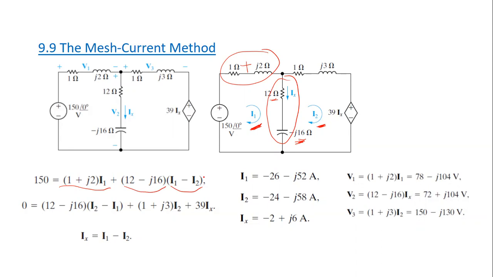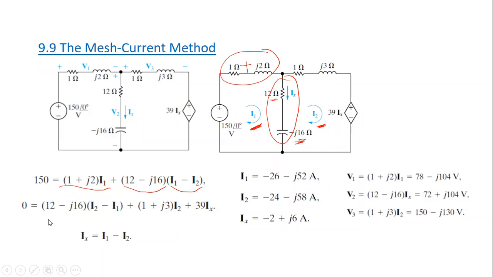Okay. Now let's write KVL for the second mesh, and we will start with the middle component here as well. So now we are writing with respect to I2. The voltage drop across this branch will be 12 minus j16, the impedance, times the current I2 minus I1, because I1 is flowing in the opposite direction.